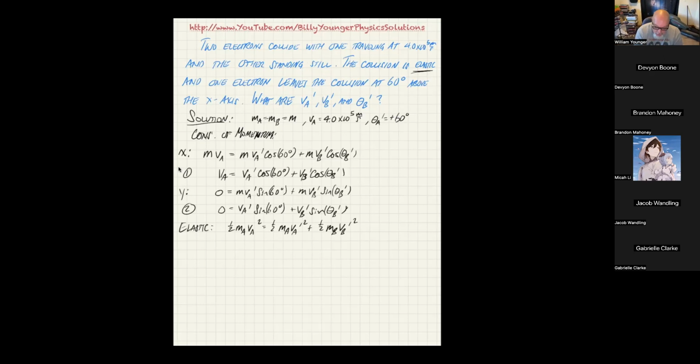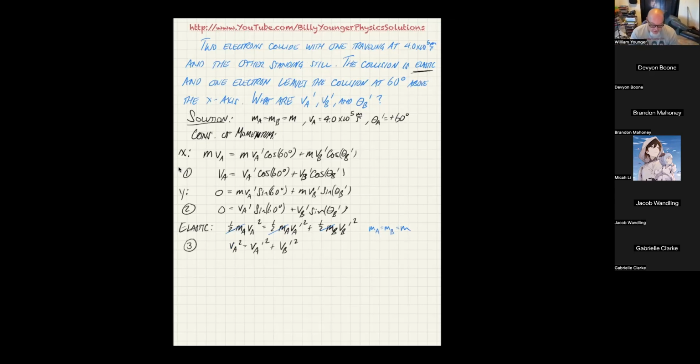And of course, now you can get rid of the 1/2 ma, 1/2 ma, and the 1/2 mb, because again, MA equals MB is equal to just plain M. So we're ultimately just going to get VA squared is equal to VA prime squared plus VB prime squared. And I'm going to call this equation 3.